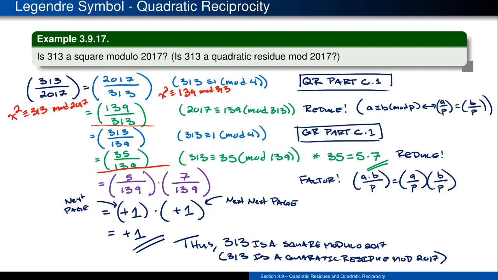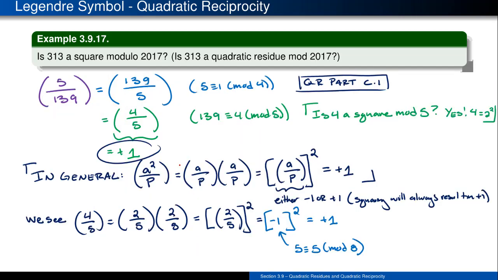So now let's jump and do these two little operations on their own, and then we'll jump back to remind you how this all cleaned up. Taking the 5 Legendre 139, I want to do this flip-flop operation again. The 5 is for sure a 1 modulo 4, so I can flip the 5 and the 139, putting the 139 upstairs and the 5 down below, and then I can always reduce that top part.